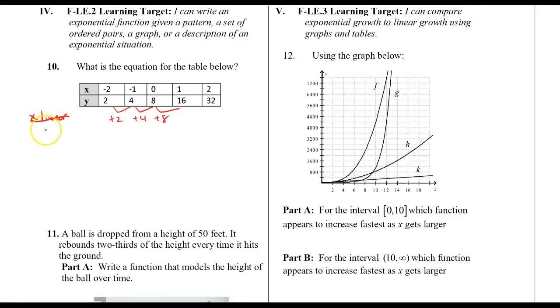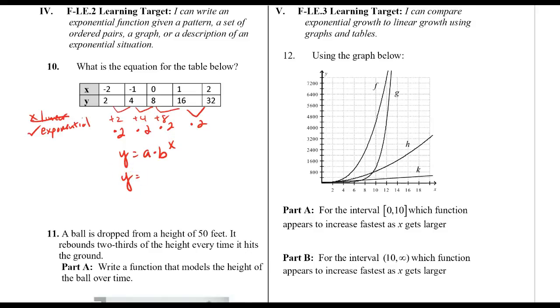Can't be, because linear has to have the same addition every time. Is it exponential? Well, if it's exponential, I have to be able to multiply by the same thing every time. So that's going to be, let's see, 2 times 2 is 4, 4 times 2 is 8, 8 times 2 is 16, and 16 times 2 is 32. Yeah, it's exponential. So my equation for an exponential function we know is y equals a times b to the x.